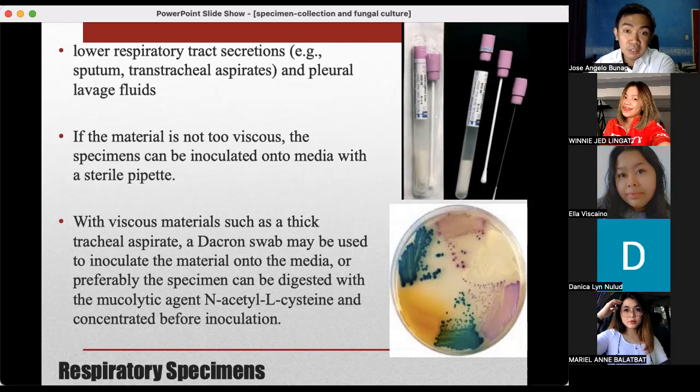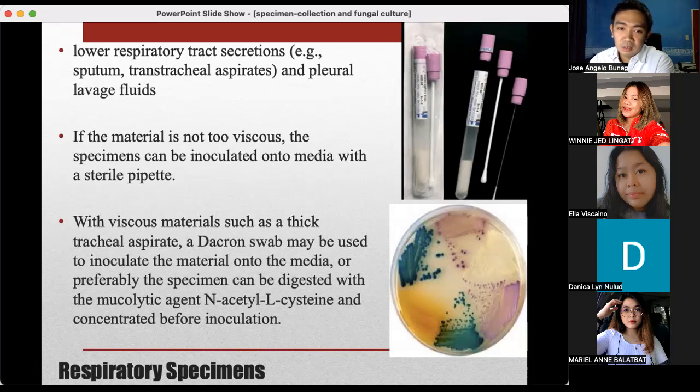So as I have said earlier, first morning is preferred, particularly sa mga respiratory specimen natin. And then less viscous sample can be inoculated directly, particularly yung mga bronchoalveolar lavage, yung mga bronchoscopy na specimen natin. But if the material is not too viscous, the specimen can be inoculated on the media with sterile pipette.